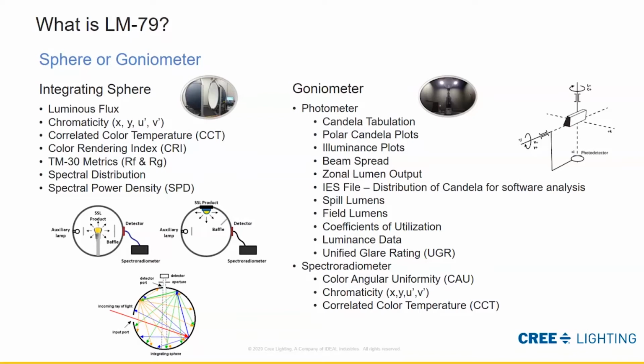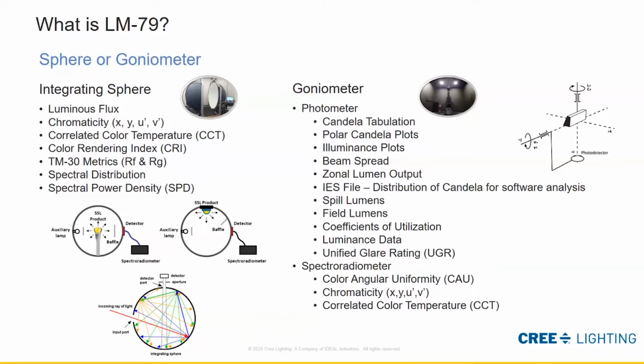The way it does that is the luminaire rotates on its axis, and then the mirror moves around and measures at different points to create what we call a candela table, which creates our polar candela plots, understanding illuminance, the beam spreads for floodlights, and the big output from the goniometer is the IES file. That is a general text file that can be put into software analysis like AGI-32, and you can do room layouts based on the different luminaires that you've selected.